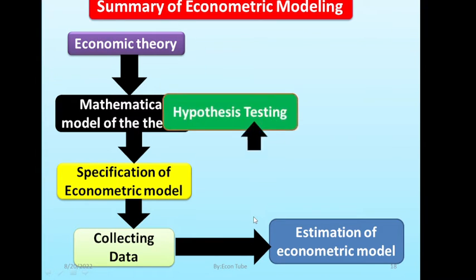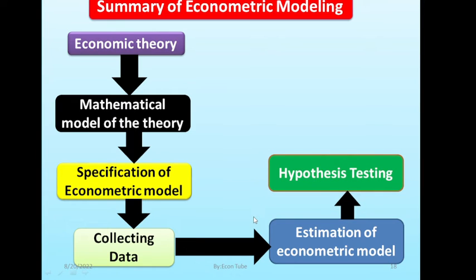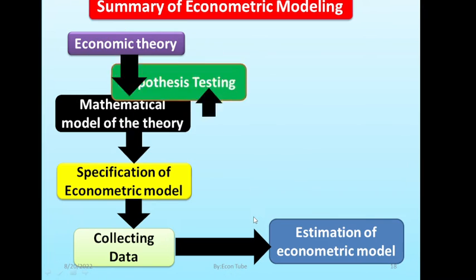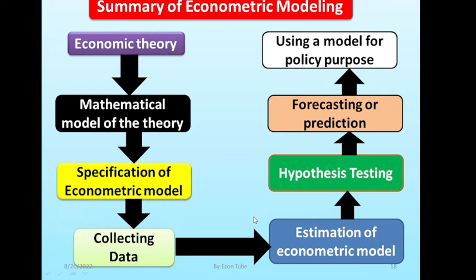Then we get tests for our hypotheses from the estimation. Then we use it for forecasting or prediction. Finally, we use the model for policy purposes. This is all a summary, or typology, of econometric modeling.